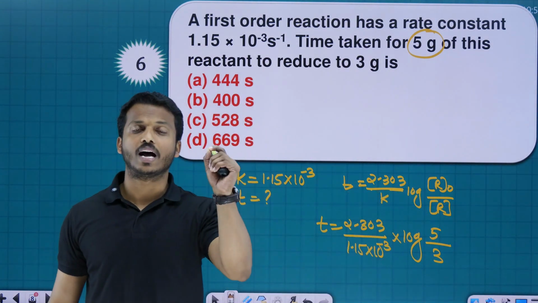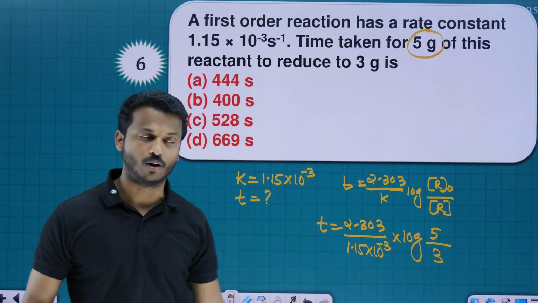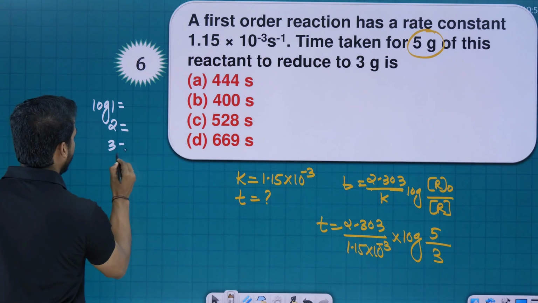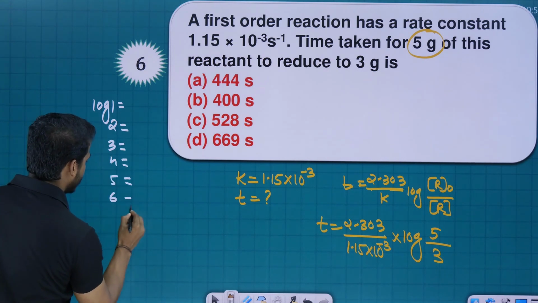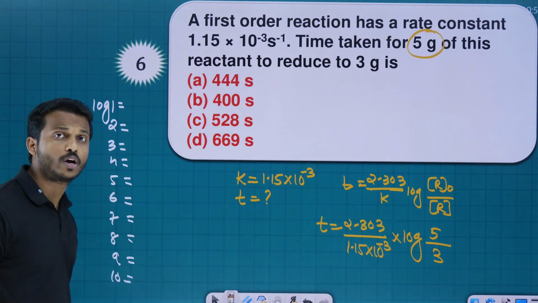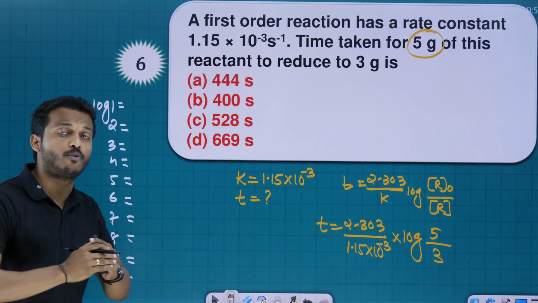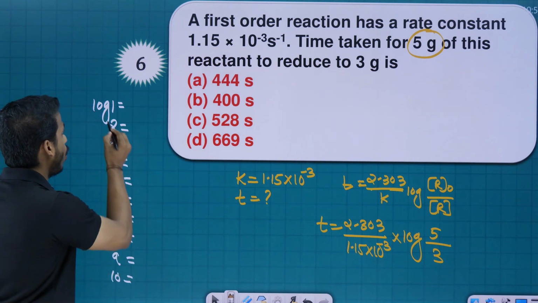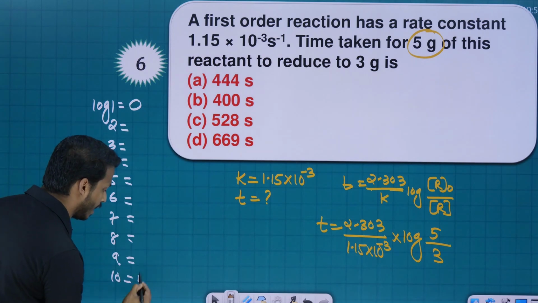Dear, please remember the log values at least 1 to 10. Giving for you: log 1, 2, 3, 4, 5, 6, 7, 8, 9, 10. Log 1 to log 10 values, please remember, it will be helpful for this chapter and the electrochemistry chapter. Log 1 is 0, log 10 is 1.